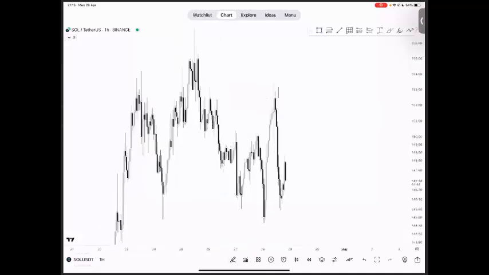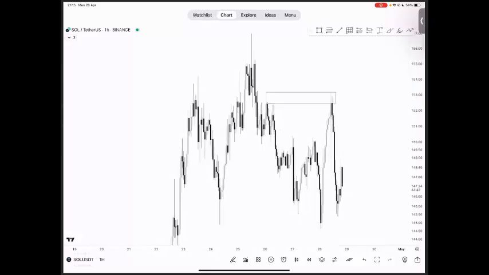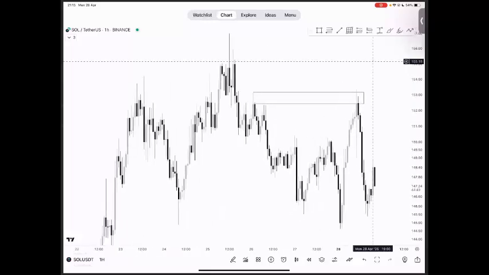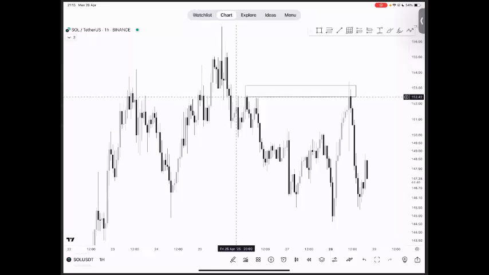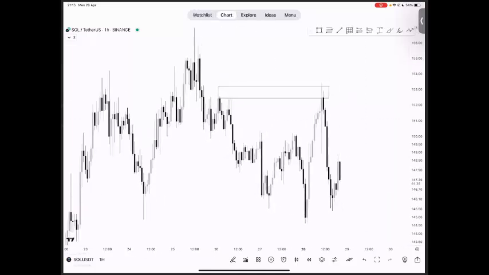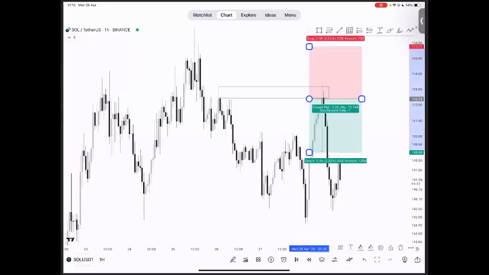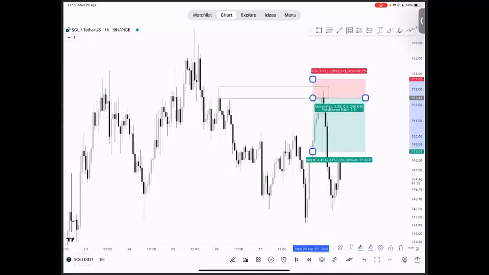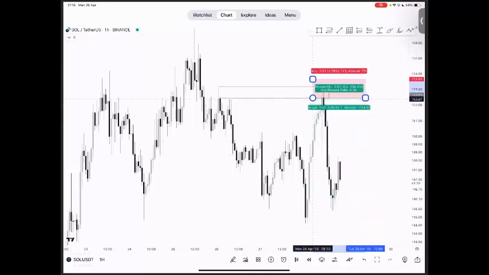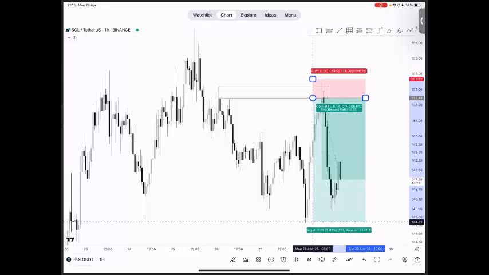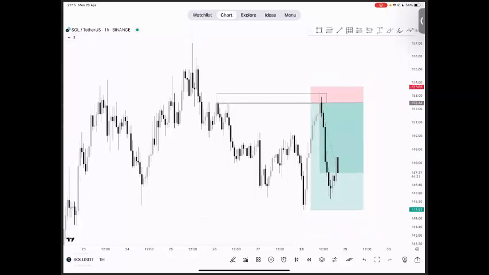You can see we had our sweep of market structure at this level, we had price putting this point, and for people that would have protected their stop loss, they would not be stopped out. But if your stop loss was very, very close to this, you'd probably be taken out, right? So either way, this is Solana USDT.